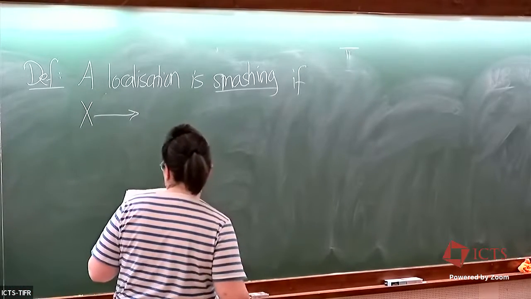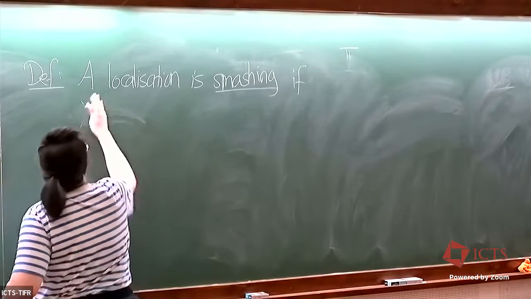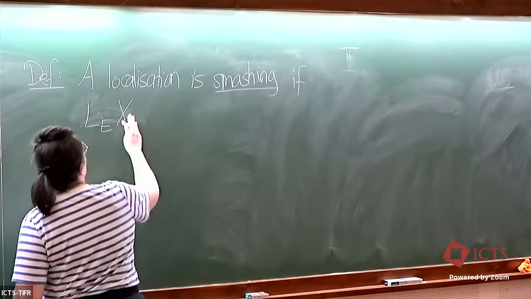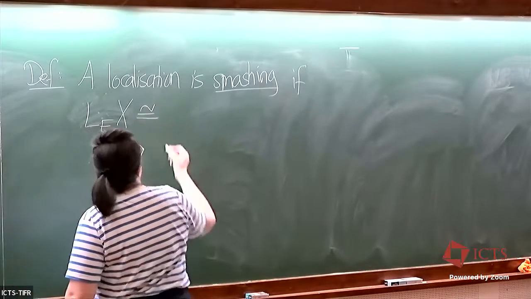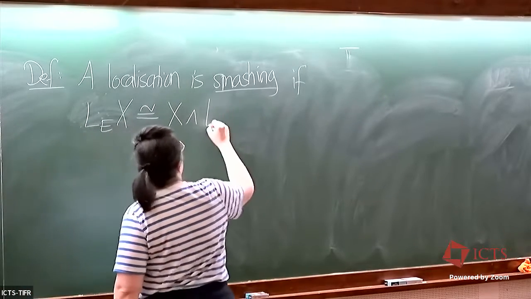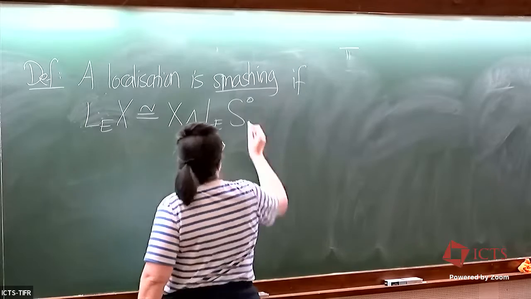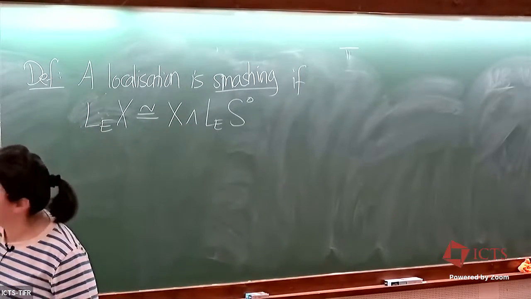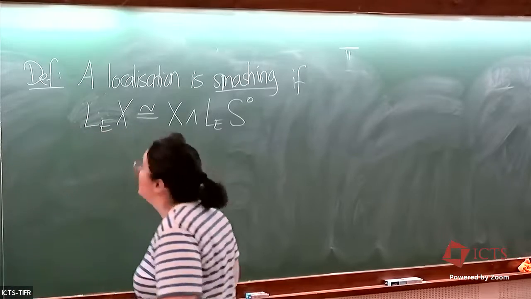Let's just concentrate on homology theories. If localizing is the same as smashing it with the E-local sphere, which is exactly what this is and what that is.